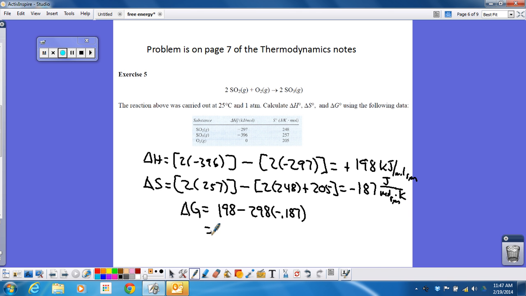That gives me a delta G of 142 kilojoules per mole reaction. That's a positive value, which means this reaction is not thermodynamically favored.